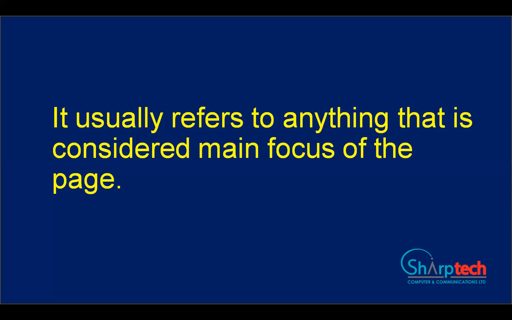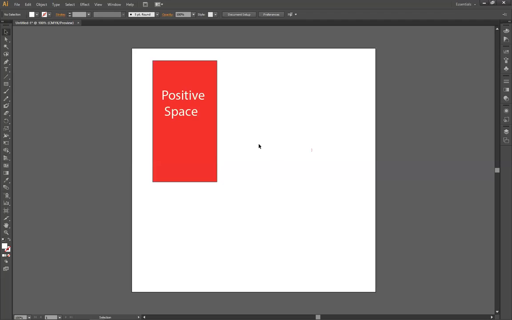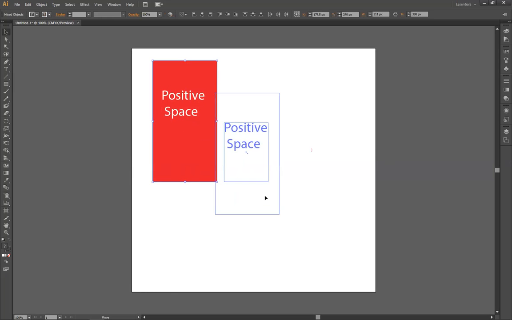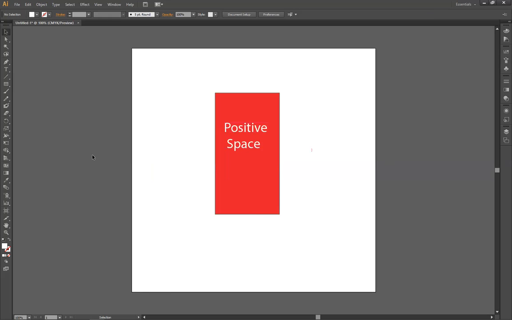However, there is just a supplementary statement here that positive space usually refers to anything that is considered as the main focus of the page. So assuming we are looking at this page, which has a space which is wide, when we talk about positive space, we are talking about something which is referred to as the main focus.